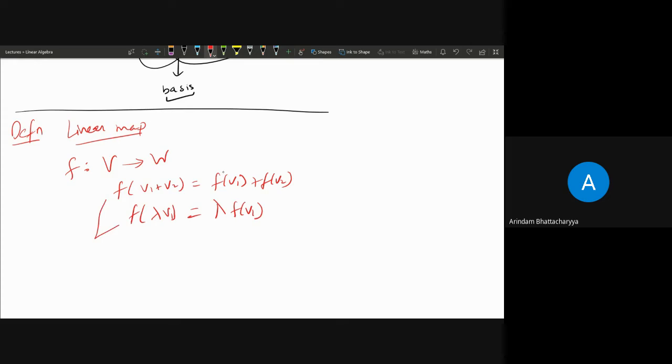This is what is called a linear map. This is clear, this is the formal definition.